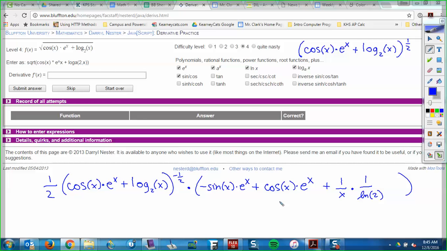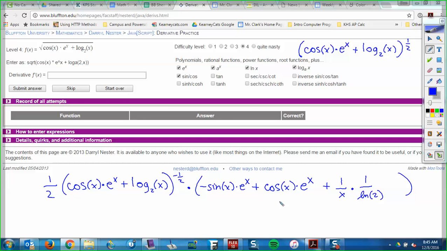And then you'll have the V, which would be the C. So this would be like A prime B plus A B prime, times the C, and then plus the U left alone, which is just the AB, times the C prime. You know what I mean? So you would just treat that as one thing times another thing, and then do it that way. So that would be a triple product rule.